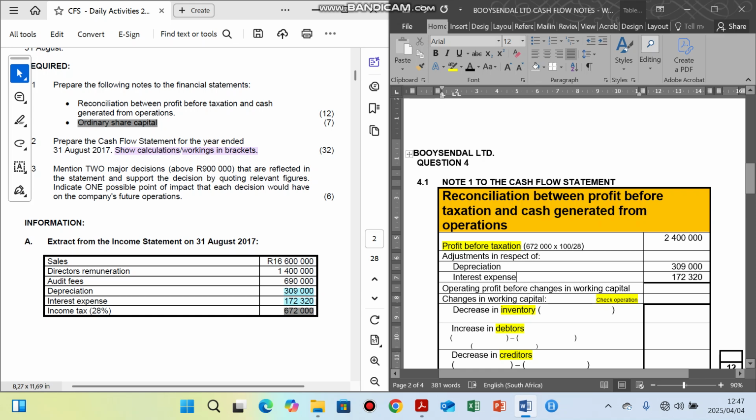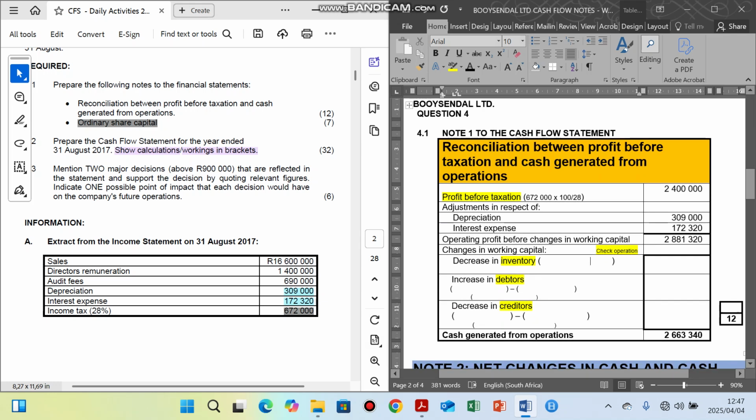Then when you work everything out, where you say profit before taxation plus depreciation plus interest expense, the full amount is going to give you operating profit before changes in working capital, which in this case is 2,881,320. Then you come to your changes in working capital. It's very important to know the format of what is entailed in the changes in working capital.